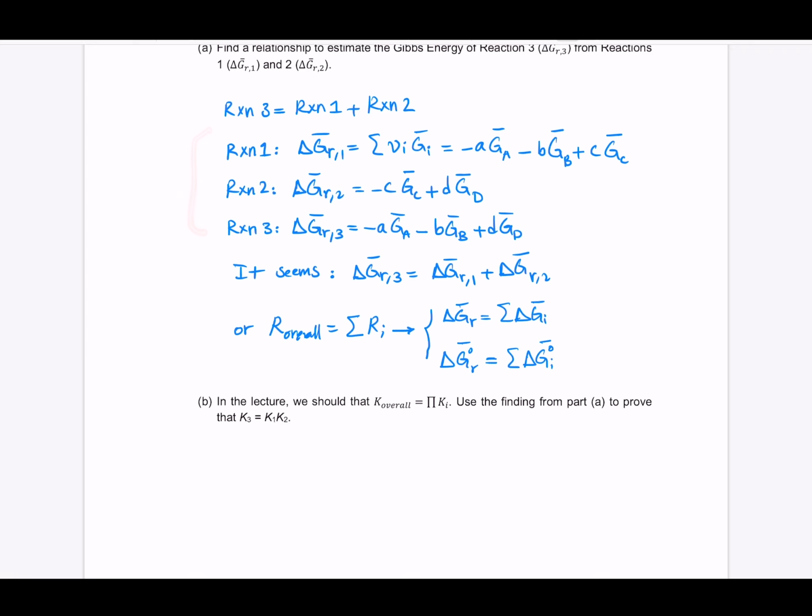We did K1 for reaction 1, K2 for reaction 2, K3 for reaction 3, and then we compared the three K values. But here what we want to do is basically use the same thing for delta G. So we know K3 is the exponential of minus delta G 0 of reaction 3.